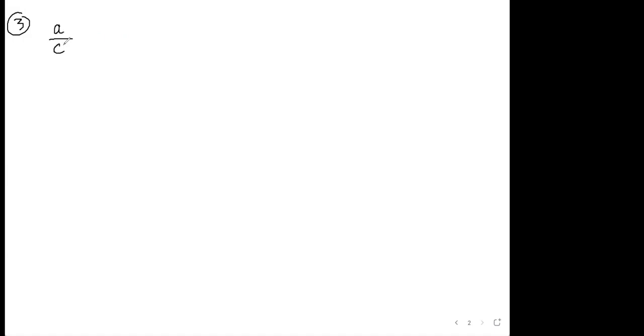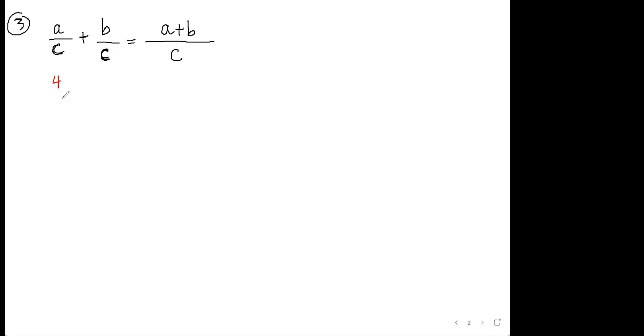If I have A over C plus B over C, we need to add two fractions. If both fractions have the same denominator, C, then we just sum the numerators: A plus B over C. I will give you an example.